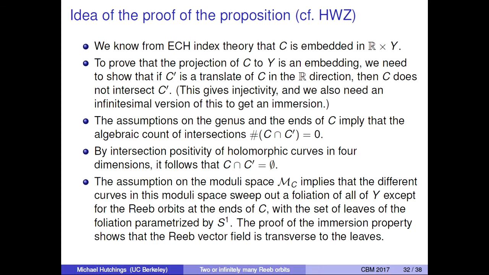If they intersect at isolated points, then the intersections count positively. So if the algebraic count of intersections is 0, then they're disjoint, unless they're the same curve. So that gives you an embedded curve, and then using the additional assumptions, you can argue that it actually gives you a genus 0 global surface of section.